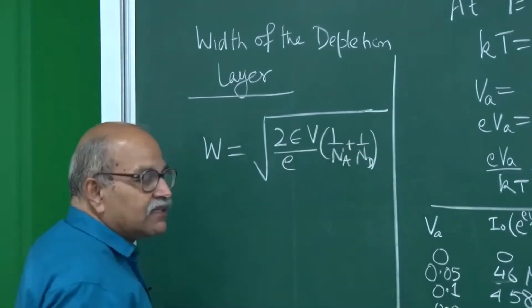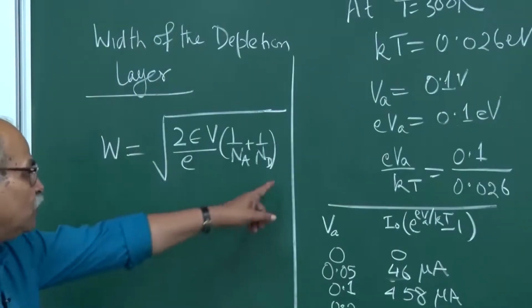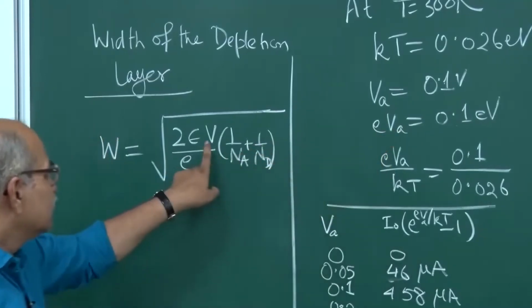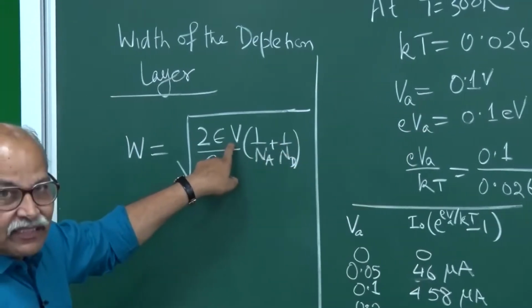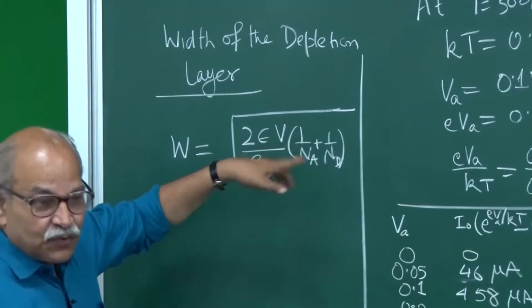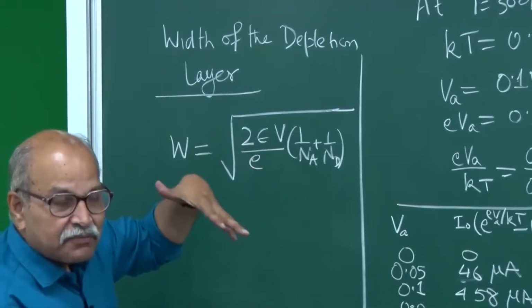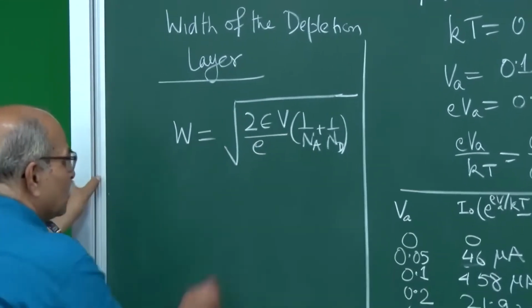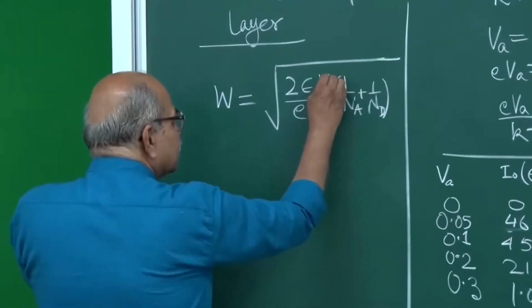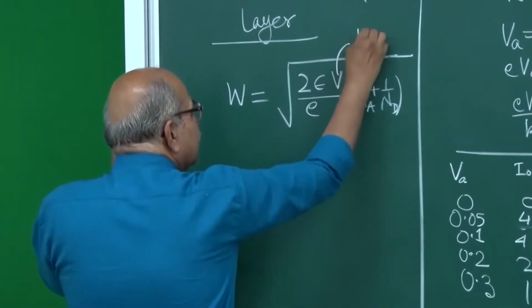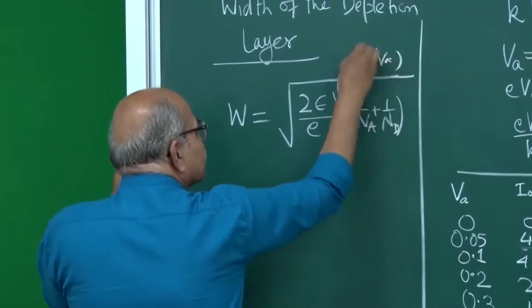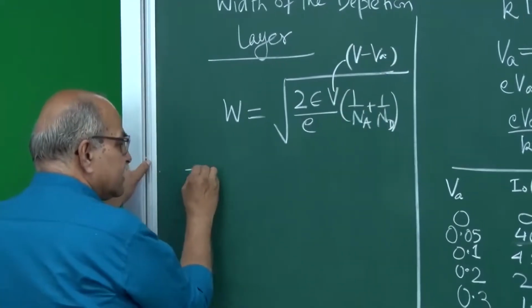We had derived that. So when you apply this forward bias, this V decreases. Remember what is this V? This was that potential barrier. So now this V becomes V minus VA. The barrier height is decreased.